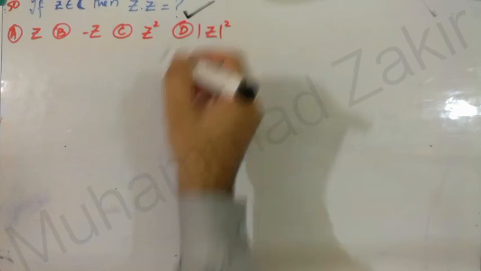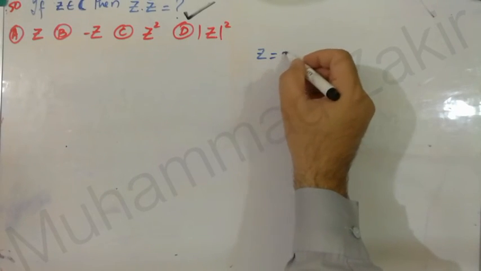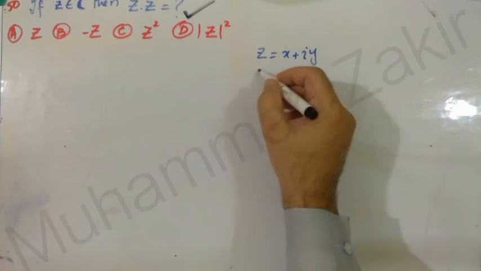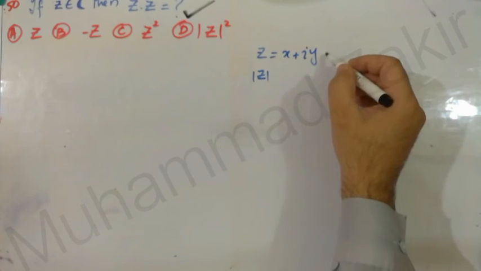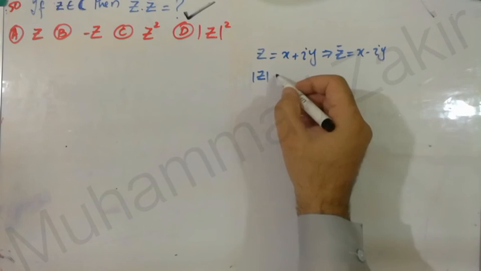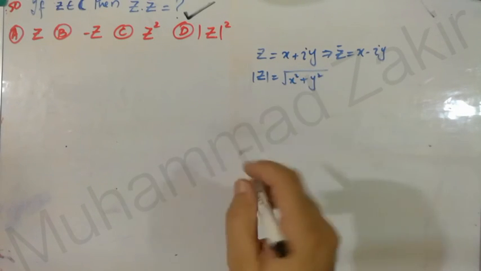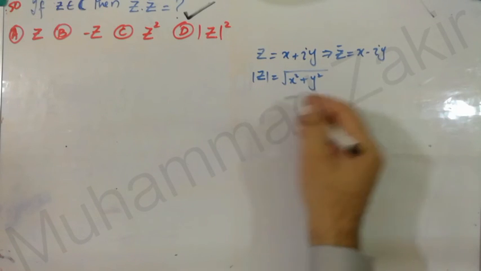It is a theorem also, and we saw part 1. If Z is x plus iota y, what is its modulus? This implies its conjugate will be x minus iota y. Modulus is root of x square plus y square, real part square plus imaginary part square.